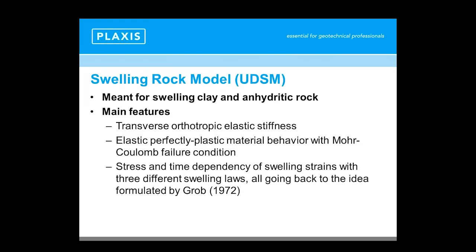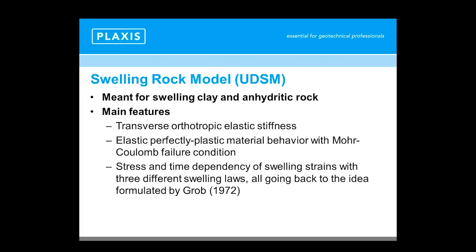And the last model I like to briefly talk about is the swelling rock model, also available as a user-defined soil model. This model is meant for the modeling of swelling clays and anhydrite rock. So the main features are the following. Like the jointed rock model, we are also offering transverse anisotropic elastic stiffness because this is something relevant for modeling rock mass.